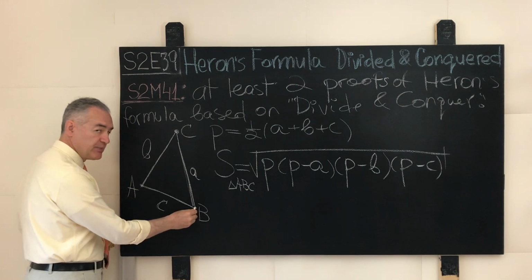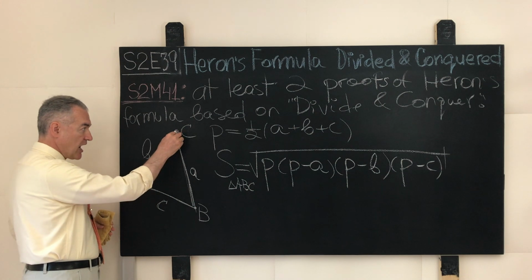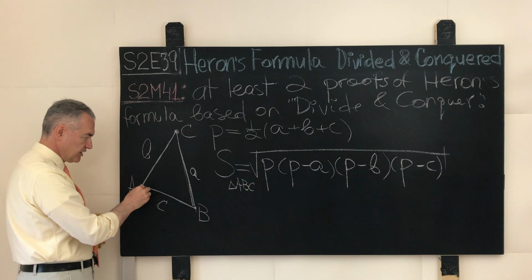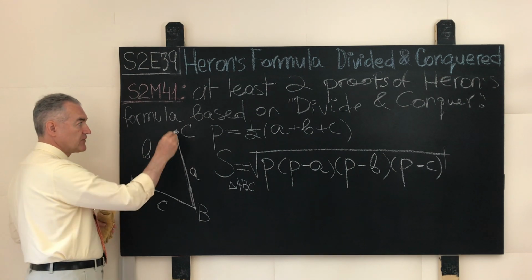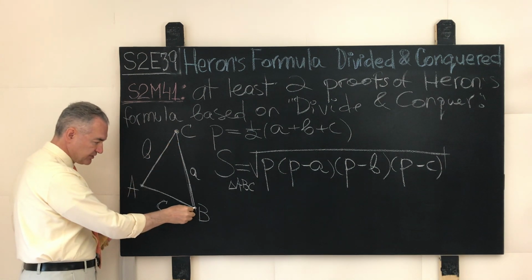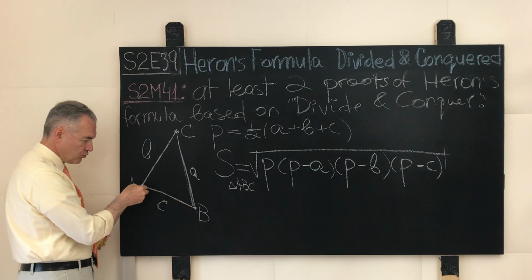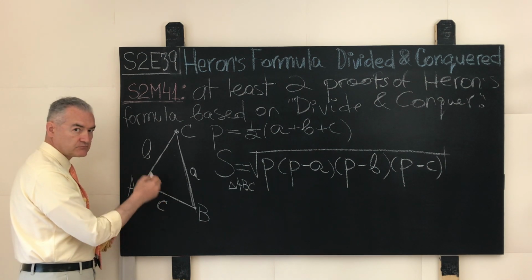If uppercase B is the name of this vertex, then the opposite side shown over here will be named with the lowercase b. And lastly, if uppercase C is this vertex of the parent triangle, then the opposite side shown over here will be named with the lowercase c.